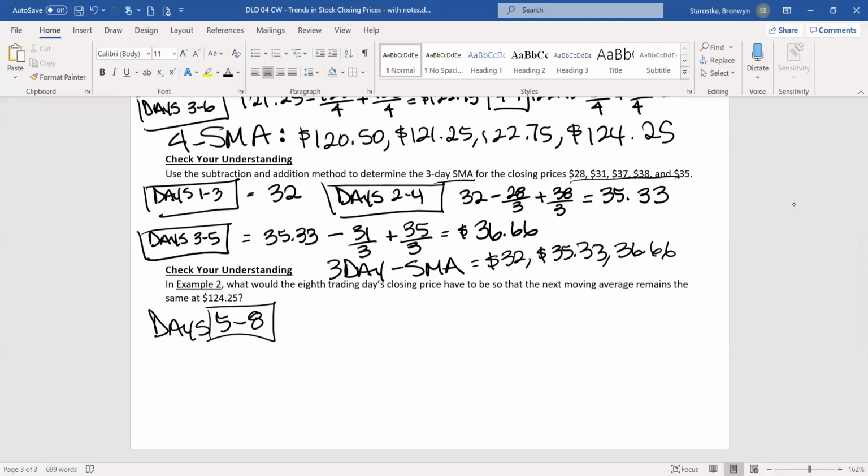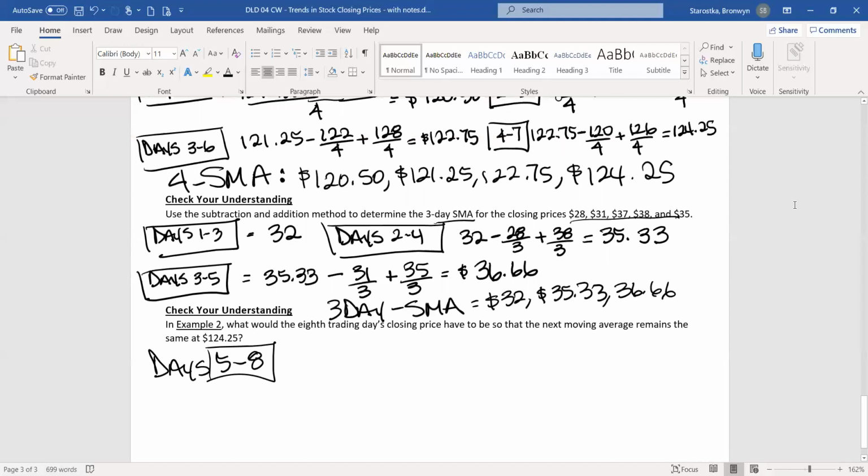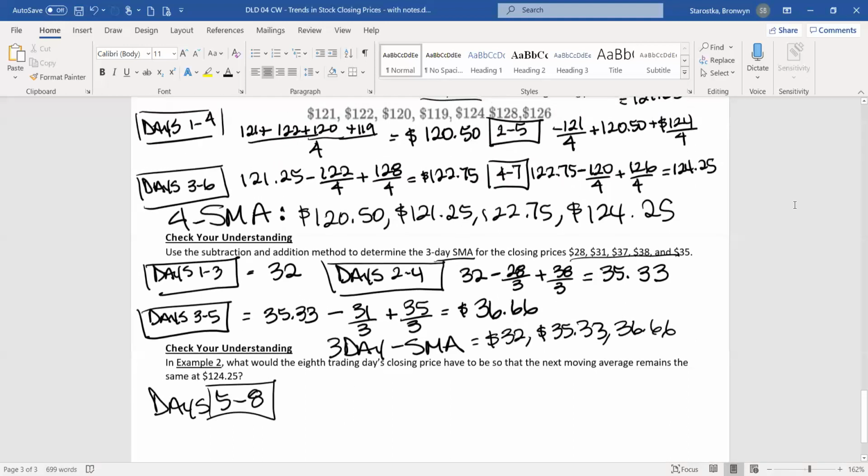I think I got my numbers off. These numbers are off. 1 through 3. 1, 2, 3, 2, 3, 4, 4, 5. Yeah, that's right. All right. If our previous average was, oh, that's why we're looking up here at the first example.